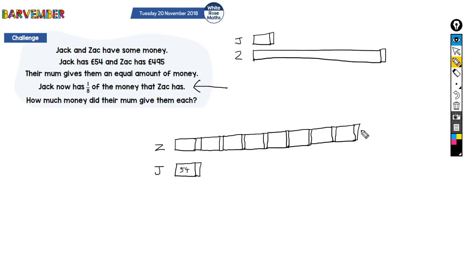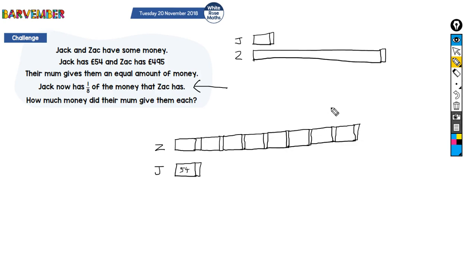Now, this is where I think looking at somebody else's drawing can get confusing, because these are all supposed to be the same amount of money, and when someone else has drawn it, it looks like, well, hang on, I thought they got an equal amount of money.